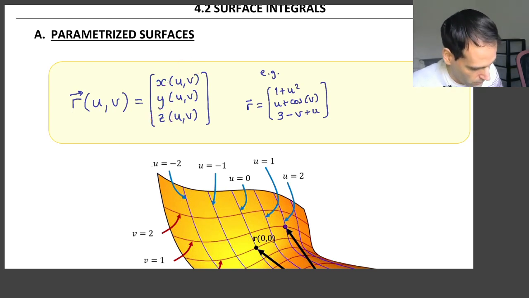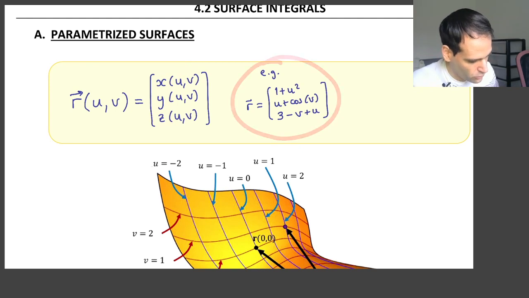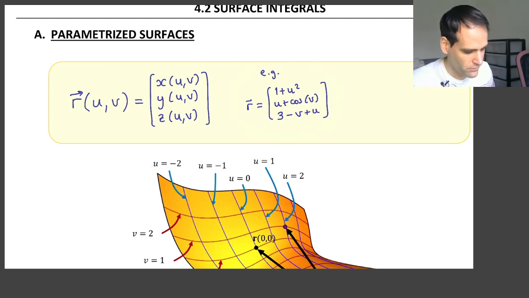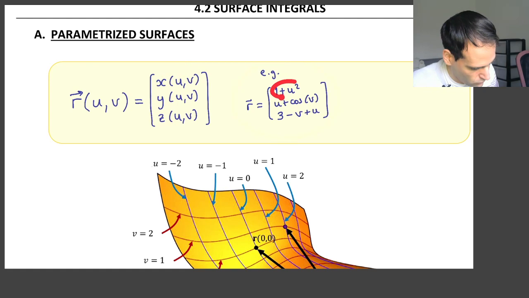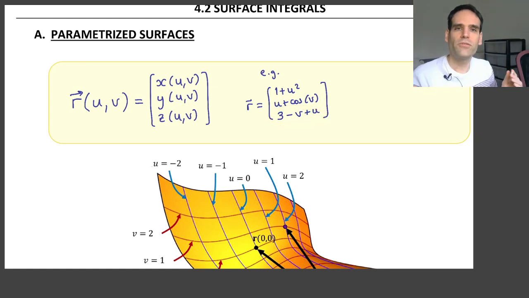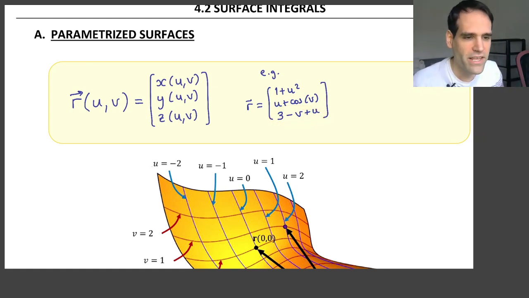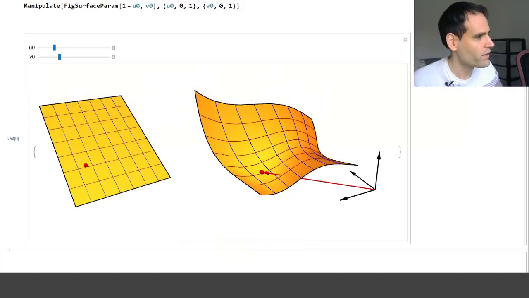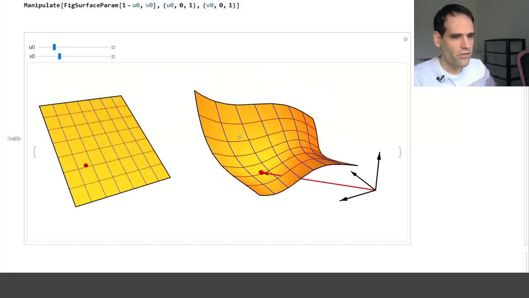Okay? For example, here, if I substitute u equals 0 and v equals 0, I would get x equals 1, y equals 1, and z equals 3. Okay, so that's a position in space. So therefore, for each value of u and v, I get a position in space. And this is what I represent here on the right.